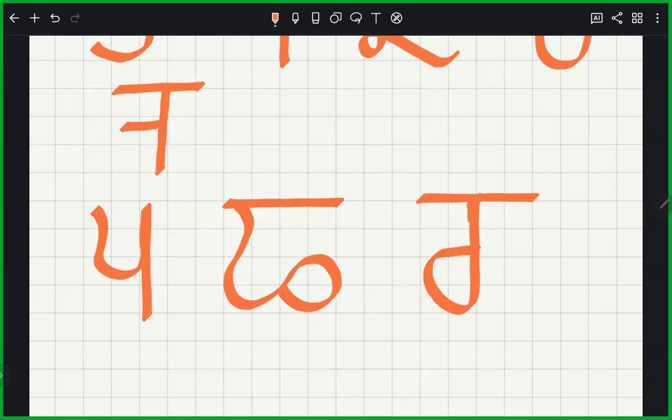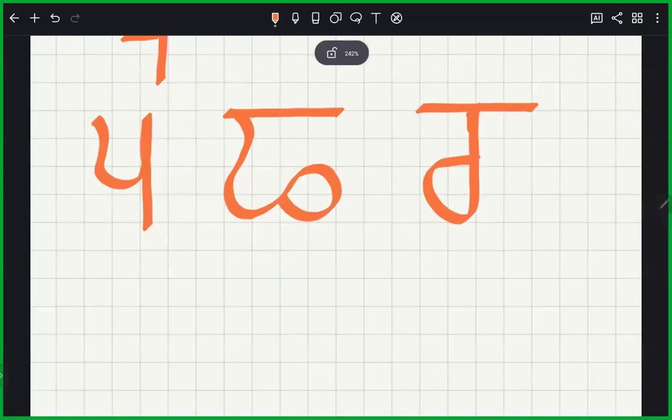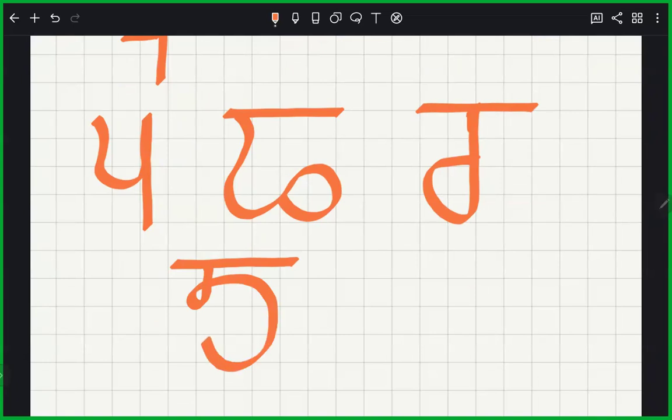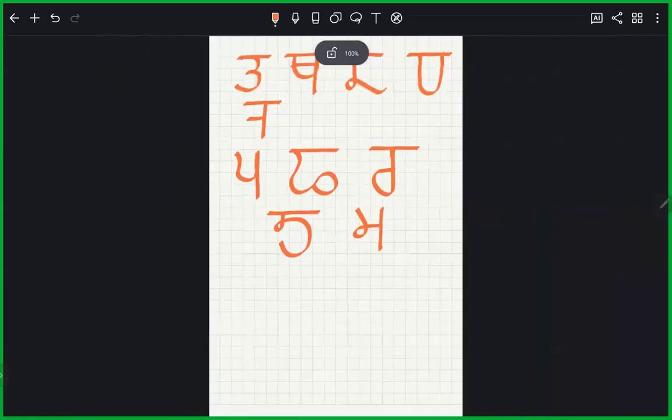Ba. Then for Bha, from the left of the Shirorekha, getting this curve all the way up and stopping here. Bha. And the last one from this is Ma, without the Shirorekha.